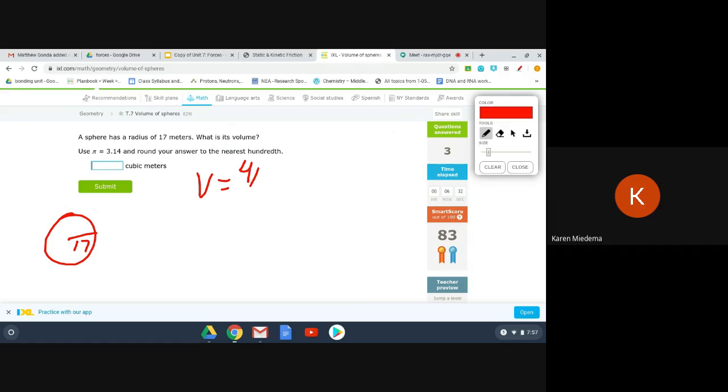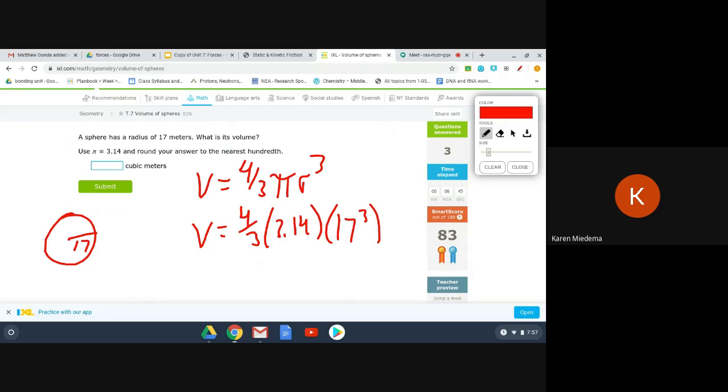Volume equals 4/3 pi r cubed. Volume equals 4/3 times 3.14. They told me that the radius is 17. So this one's going to come out to a pretty big number. 4/3 times 3.14 times 17 to the third power.